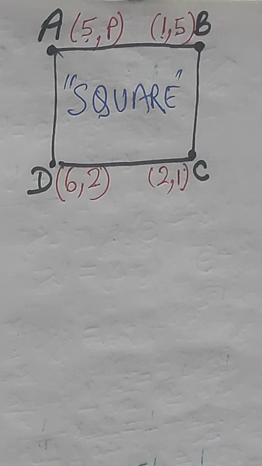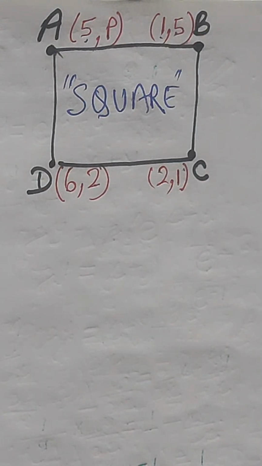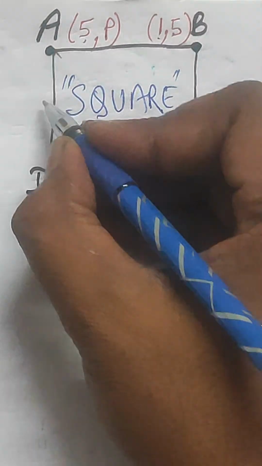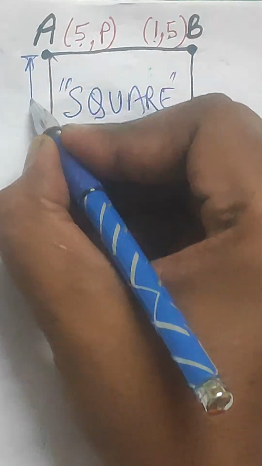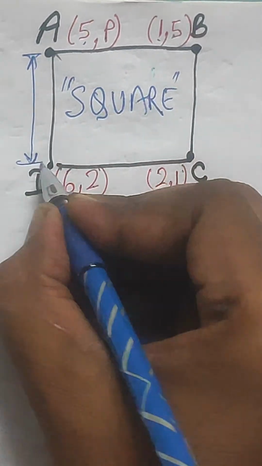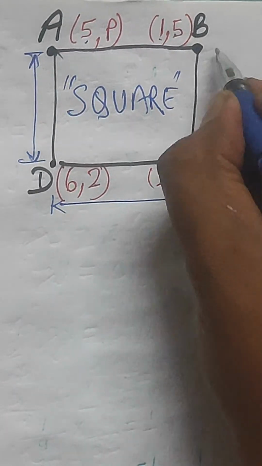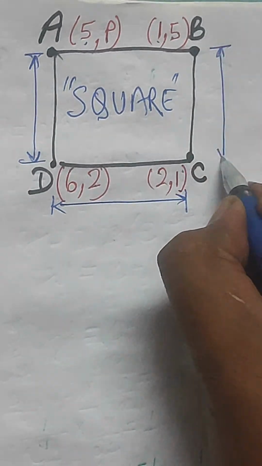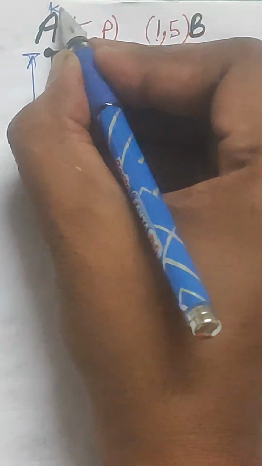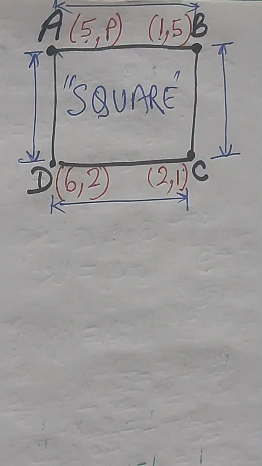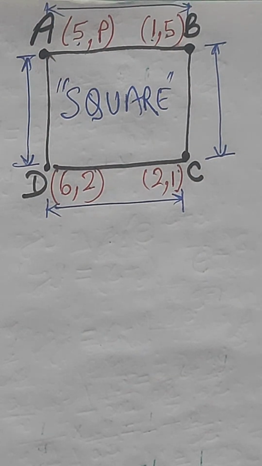And in any square, what will happen? All the four sides of a square are always equal. That means AB is equal to BC is equal to CD is equal to DA, right? So all these four sides are equal.